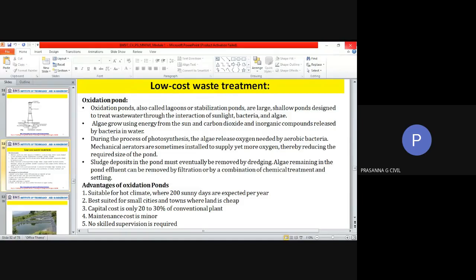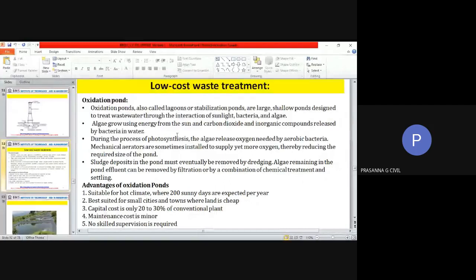But this sunlight also gets used up by the microbes, the small-sized phytoplankton, the algae, and in turn these plant forms give out oxygen, which is then available to the bacteria, which act on the organic solids present in your wastewater and decompose them. We also saw that this comes under the low-cost waste treatment category, because of which this is usually a single step of treatment.